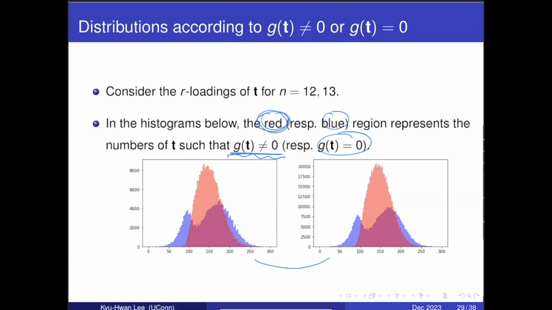There are overlaps, and also some separation, which we may say occurs somewhere here, or somewhere here. There is some small red part here.